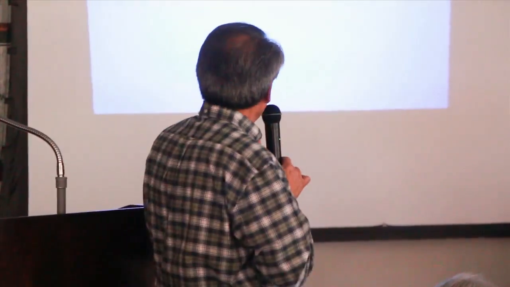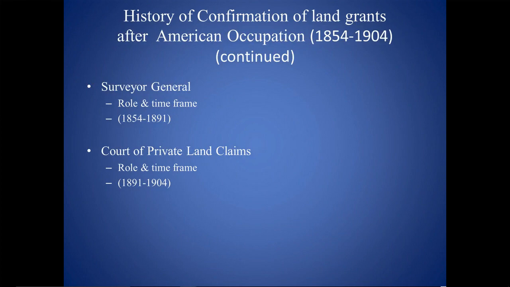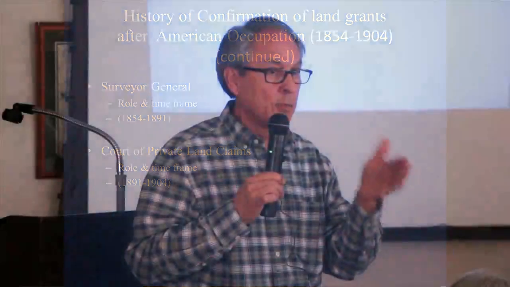So they created an office called the Surveyor General. In 1854, the Surveyor General was an individual who had assistants who went out and put out publications to all of the people in New Mexico: if you want your land grant to be recognized by the U.S. government, these are the procedures that you need to follow.